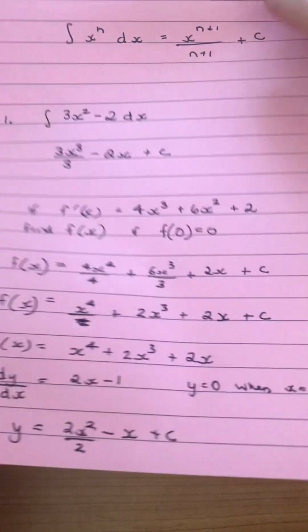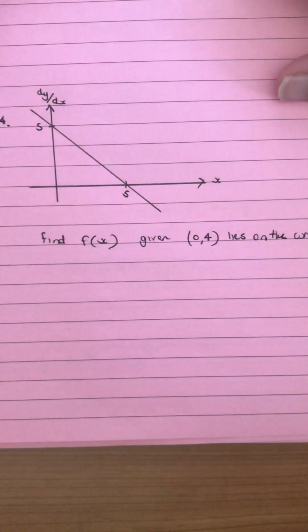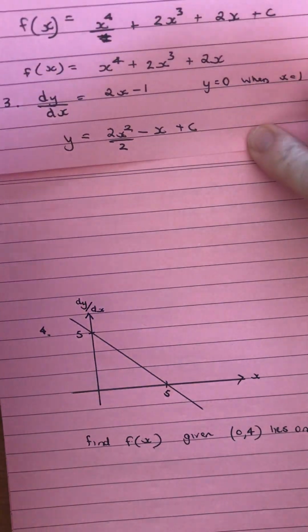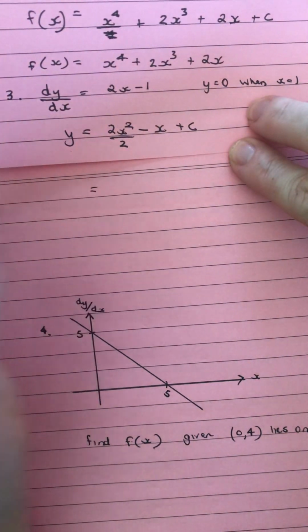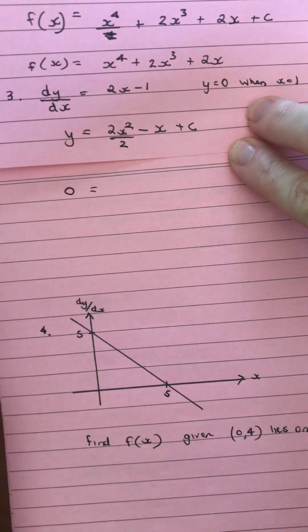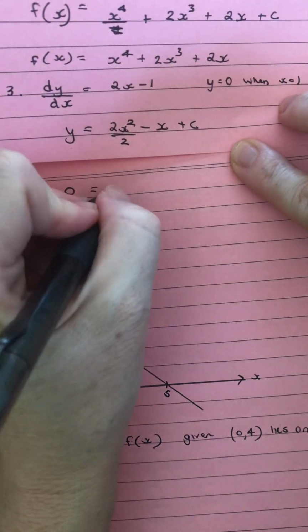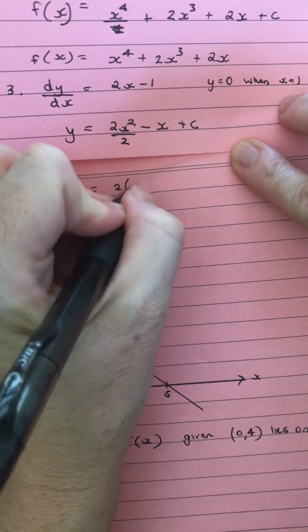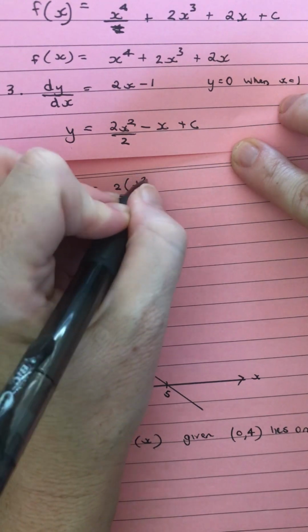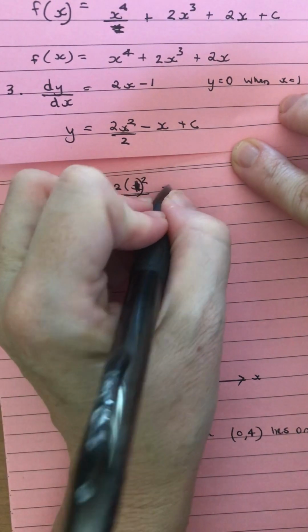So we're going to take that equation and when y equals 0, so we'll put a 0, when x equals 1. So we've got 2 of 1 squared on 2, and I could have simplified that first.